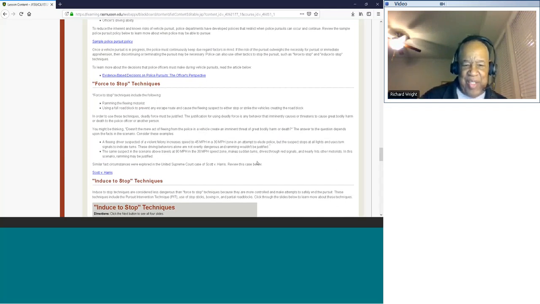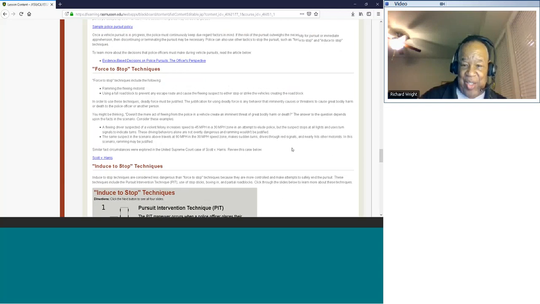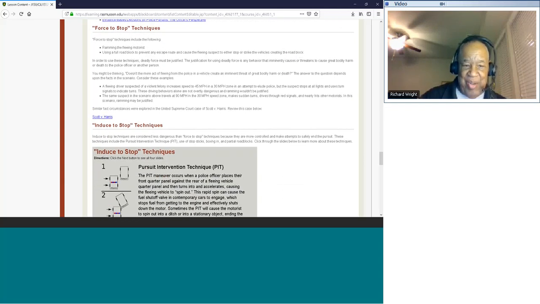The same suspect in a scenario travels at 90 miles an hour in a 30, makes sudden turns, drives through red signals, and nearly hits other motorists, then ramming may be justified. So it depends on the circumstances of the case. The Scott v. Harris case is included in your written assignment, and there is the link to get to that.